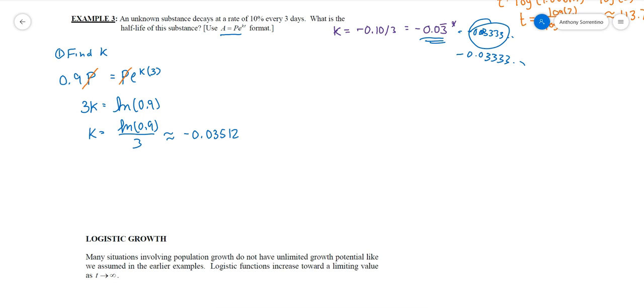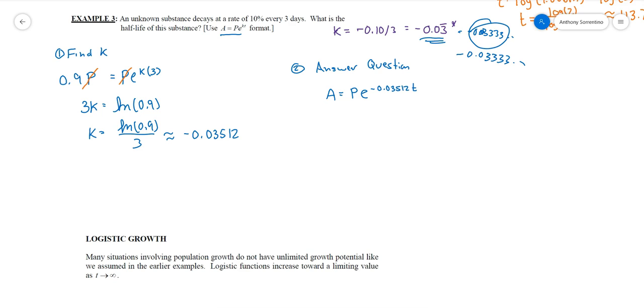So now we're actually able to do part 2, and we're going to answer the question. Because we now have the complete formula, A equals P e to the negative 0.03512 t power.